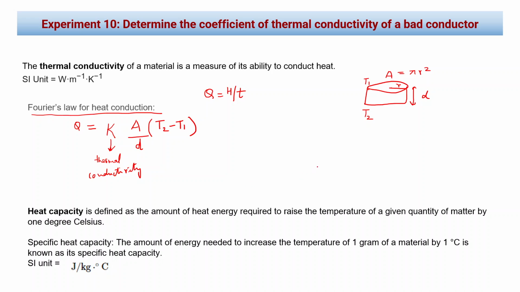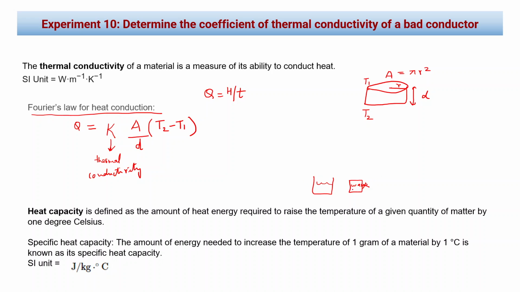So if I have some object, some material, maybe some amount of liquid in a beaker, or even a solid material, some wax or candle, and if we supply heat to it, it will start melting or its temperature will increase, depending on what kind of material it is. So heat capacity of that material will be defined as the amount of heat energy required to raise the temperature of that particular amount of material by 1 degree.